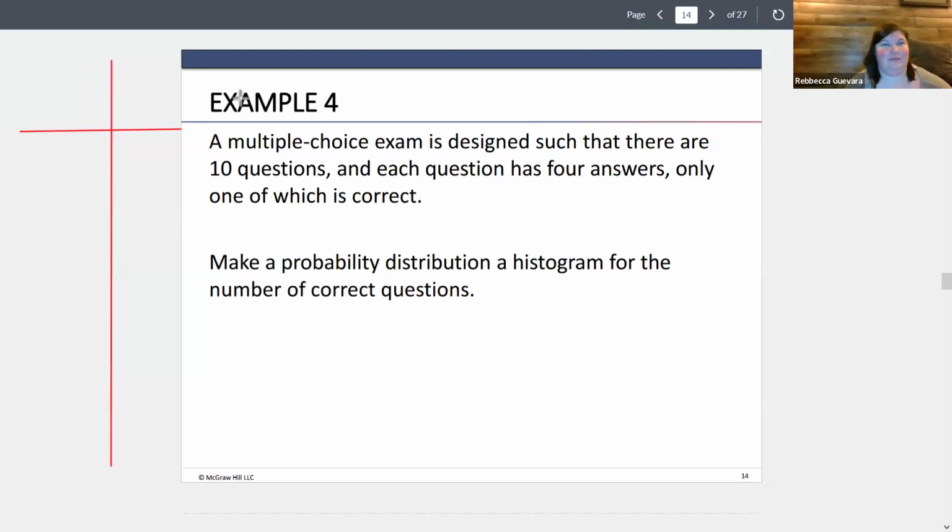This is going to be a long one. X and P of X. So we can have 0 correct answers. We could have 1, 2, 3, 4, 5, 6, 7, 8, 9, or 10.